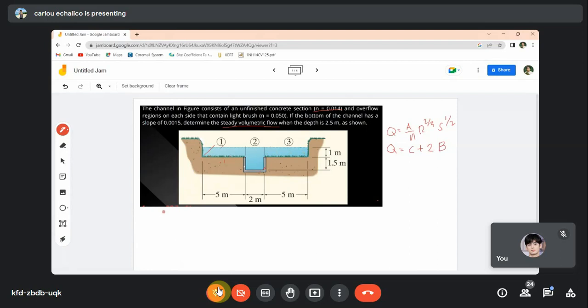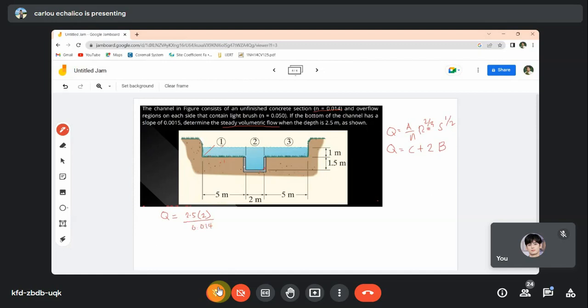The total discharge is first the discharge in the concrete. The area of the concrete is the depth, which is 2.5, times the base, which is 2 meters, over the roughness of the concrete, 0.014.